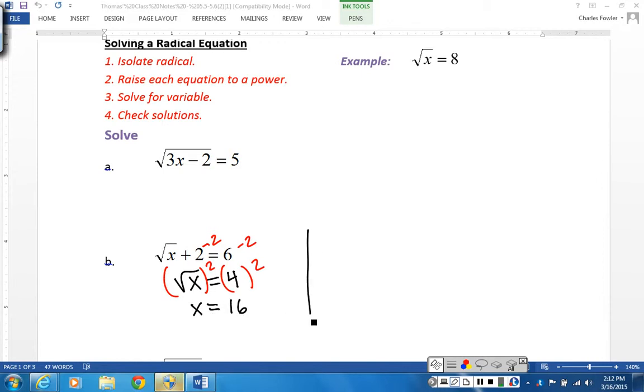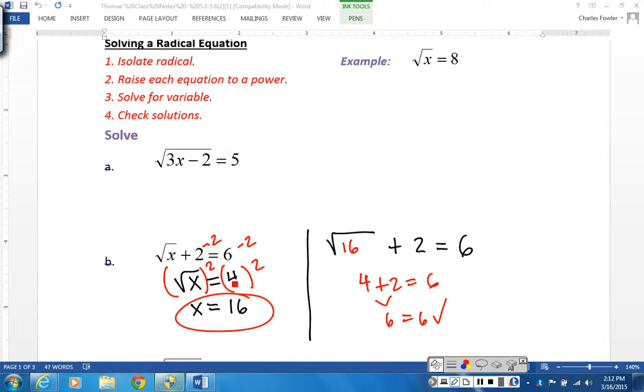However, before we decide that that is definitely the solution, we need to plug that 16 back into the equation to see if this works out. The square root of 16 is definitely 4. Plus 2 equals 6. 4 plus 2 is 6. Therefore, x equals 16 is a solution to this equation.